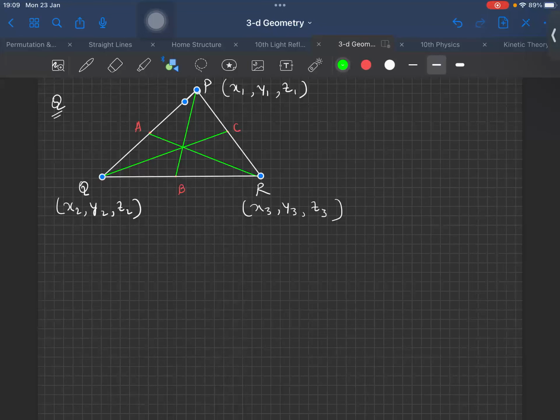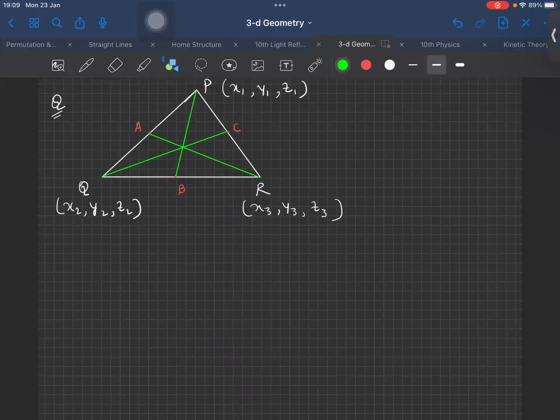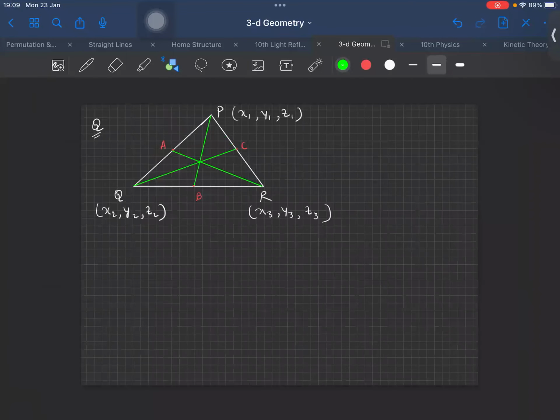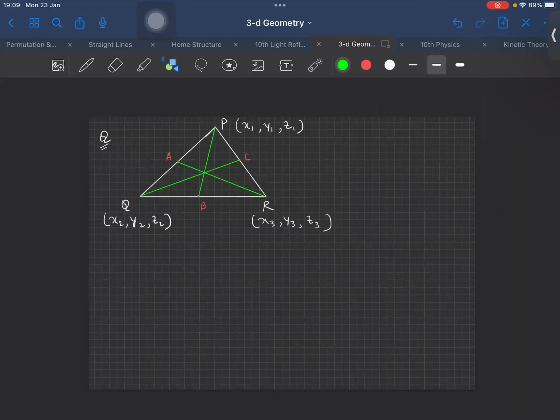So when we draw these lines, they will pass through a point. Something is wrong. Just a minute, I think the system hanged.